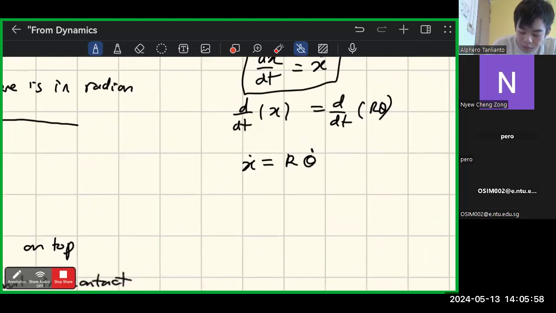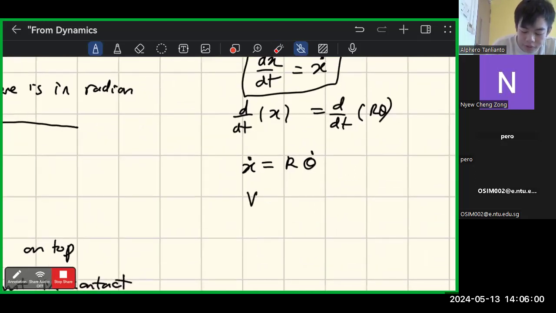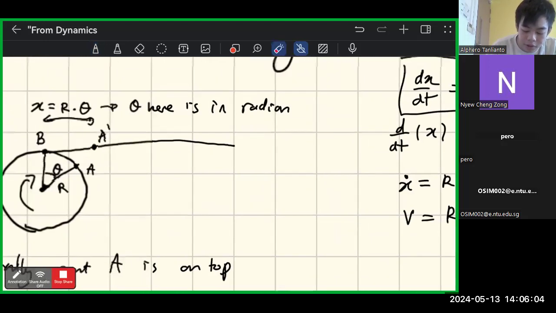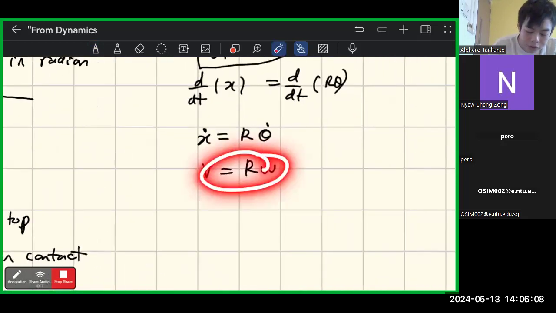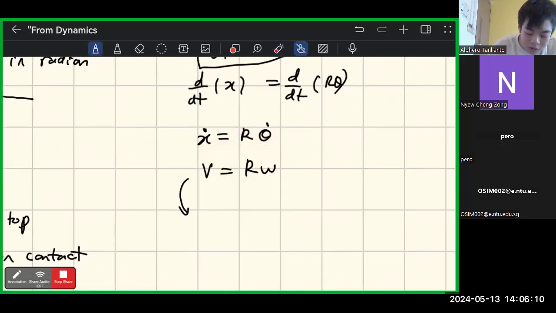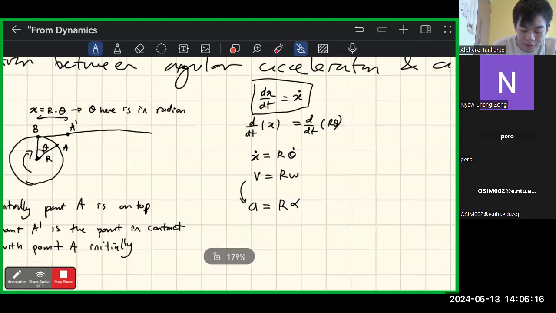So x dot is the velocity and theta dot is the angular velocity, omega. If we differentiate once again, the acceleration equals R times alpha, where alpha is the angular acceleration.